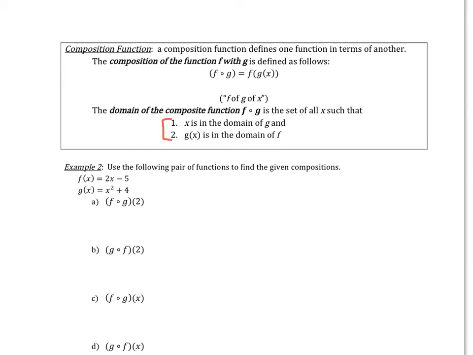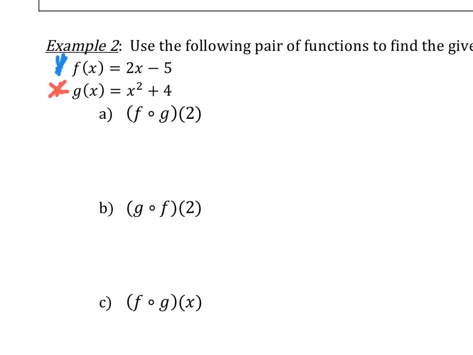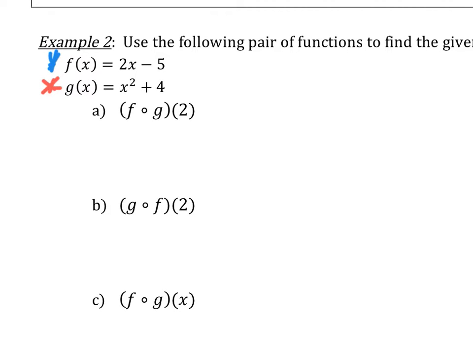All right, so let's try a little example. We've got two functions: we've got f here, and we have g of x. We want to do some compositions. Let's start with f of g, or f composed with g, of 2. Again, it helps a lot to write this out as f of g of, not x, but 2. f of g of 2.